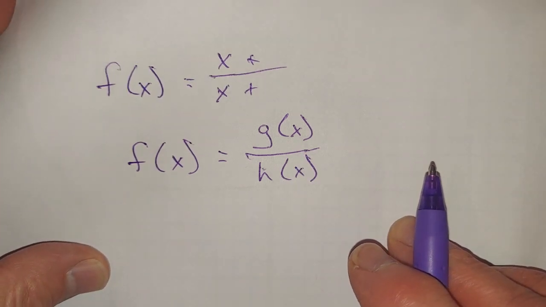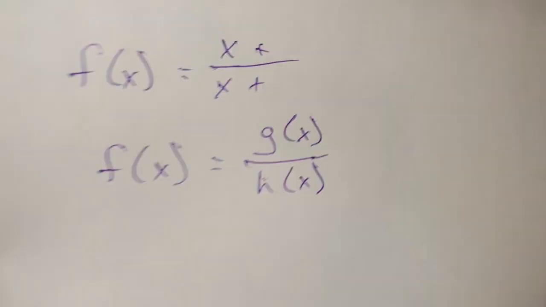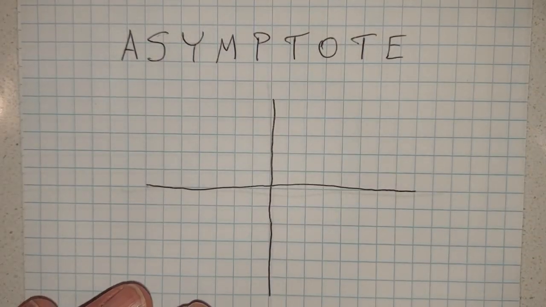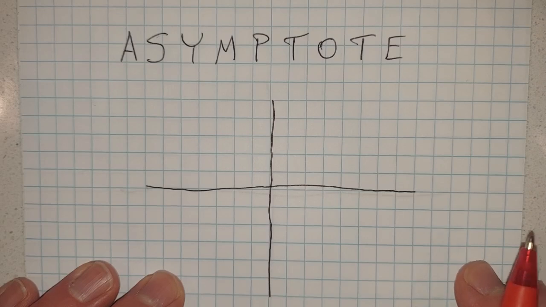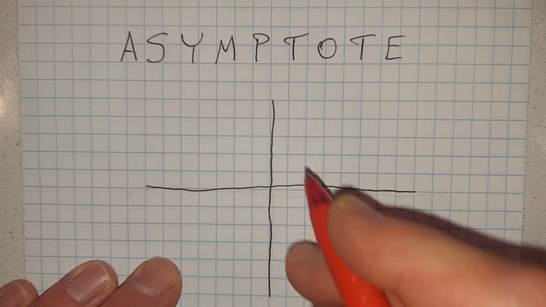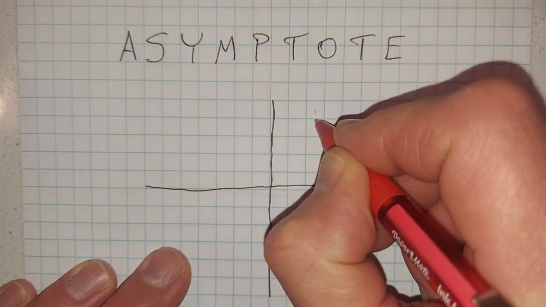Now, this causes interesting things to happen to the graphs of these functions. They usually will have what are known as asymptotes. An asymptote is an imaginary line that the graph of the function approaches but never touches. A vertical asymptote may look like this.